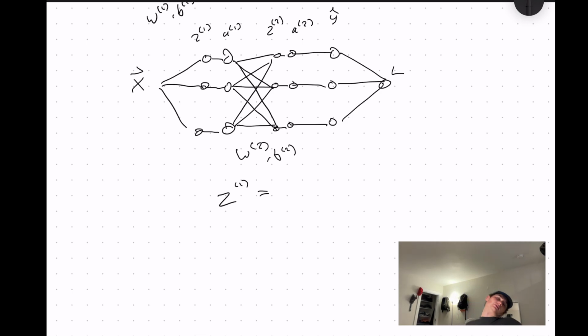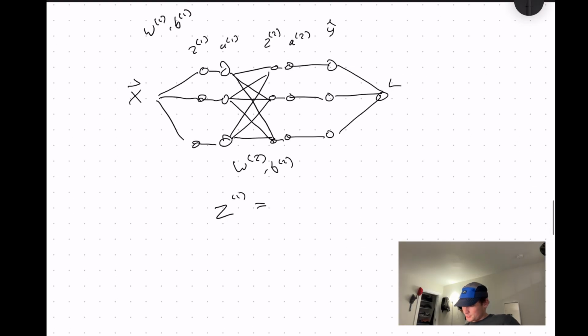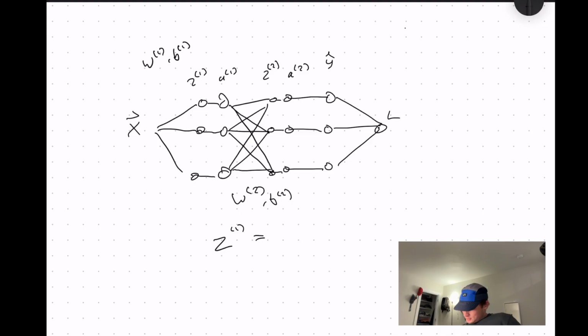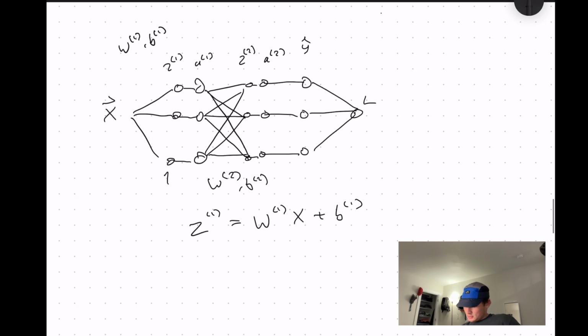Okay. Oh, all right. Wonderful. Okay. So we have W1 X plus B1. So this is this.